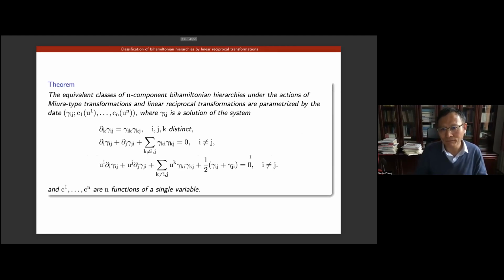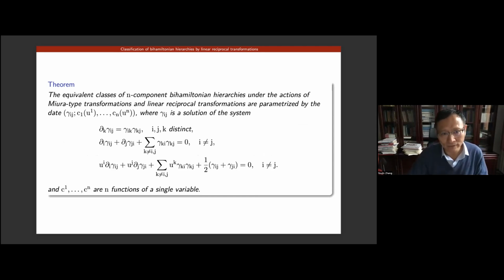By using this result, we can consider the classification problem of bihamiltonian hierarchies. Originally, we could only consider equivalence classes under Miura type transformations. And now we can add these linear reciprocal transformations.